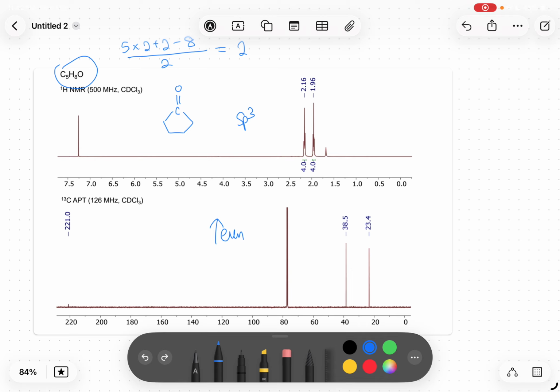Another thing I want to point out is that usually the carbons with no hydrogens attached will be slightly shorter than the carbons with hydrogens attached on the spectrum. So here we see that each peak corresponds to a carbon with 2 hydrogens attached, so they are very tall peaks.